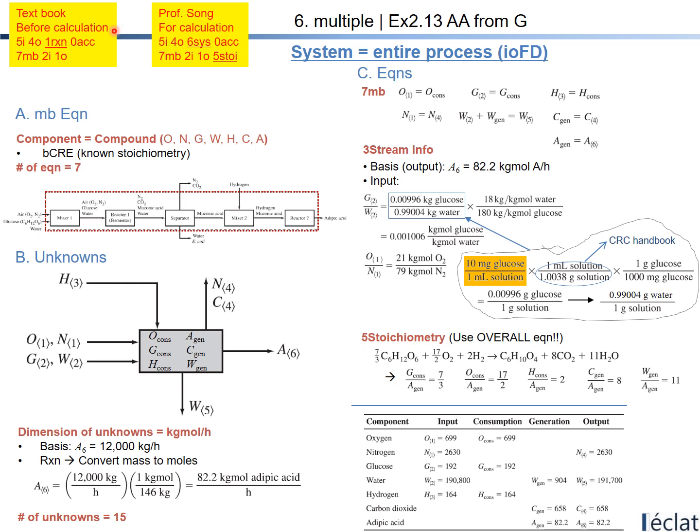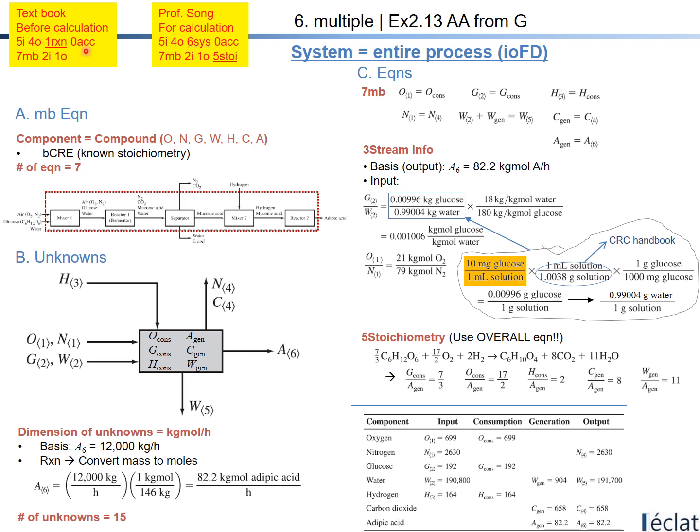However, if you want to calculate the process variables, all of them, then it is better to follow my method for estimating degree of freedom. Anyway, before process calculation, textbook method is better. However, if you want to calculate everything, my method is better. Anything is okay in terms of degree of freedom calculation.